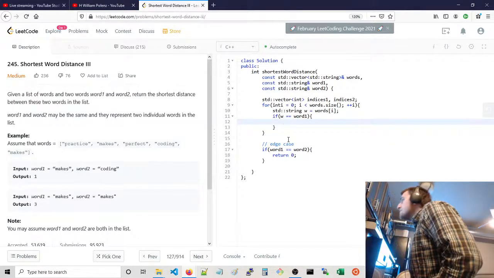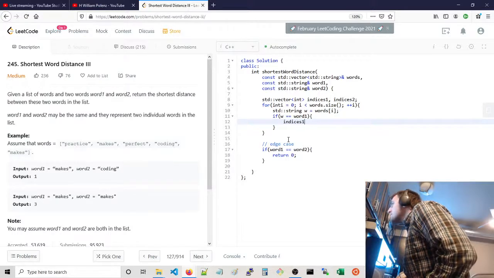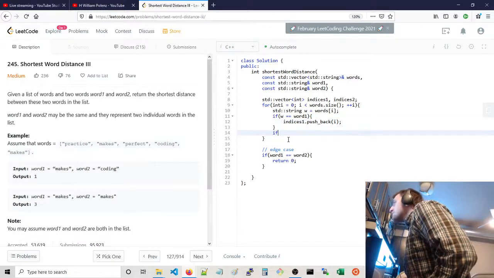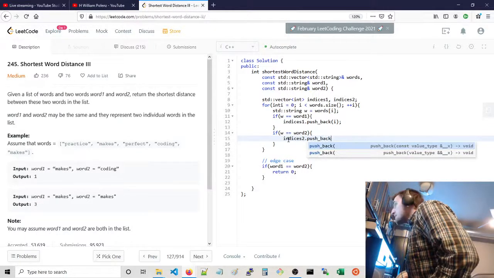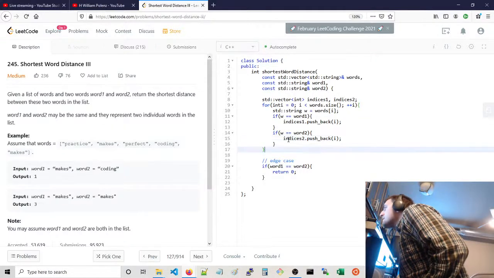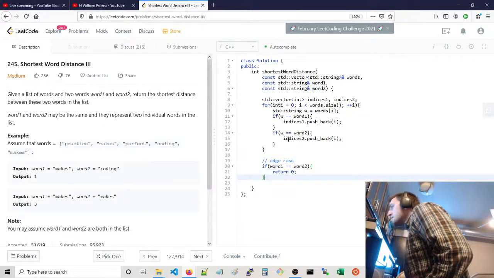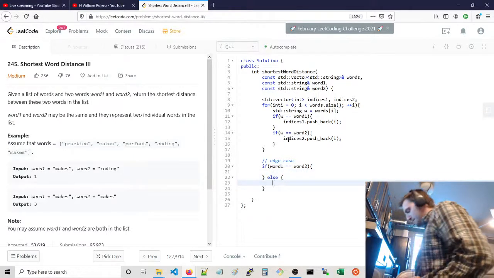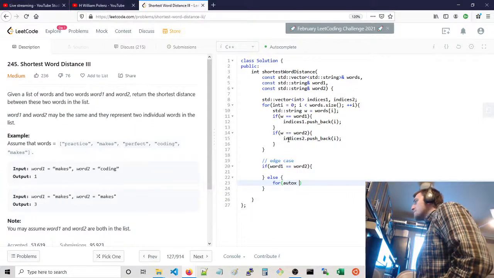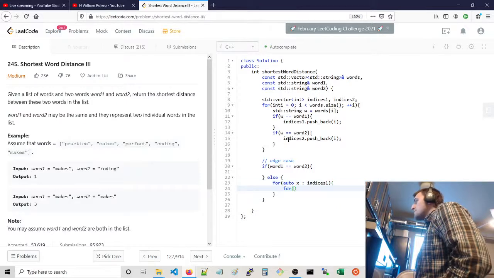So if w equals word 1, then we say indices 1 dot push back i. If w equals word 2, indices 2 dot push back i. And now we say, do something special, otherwise we say for auto x in indices 1, for auto y in indices 2.